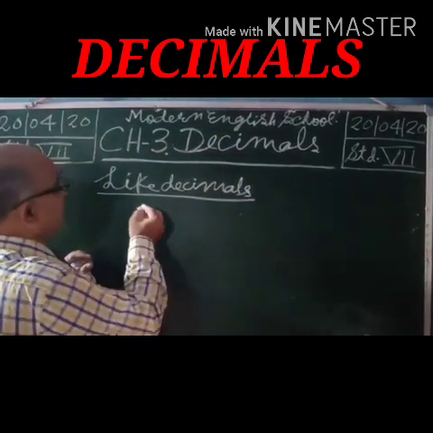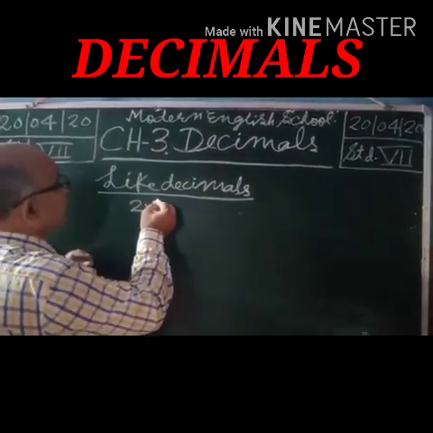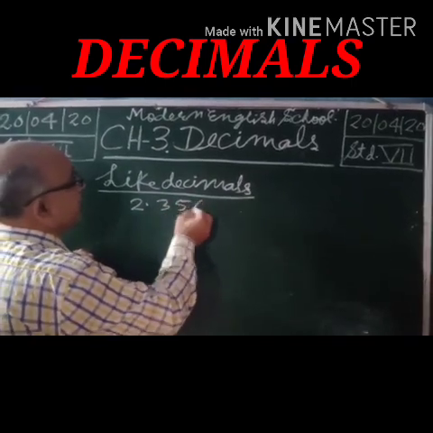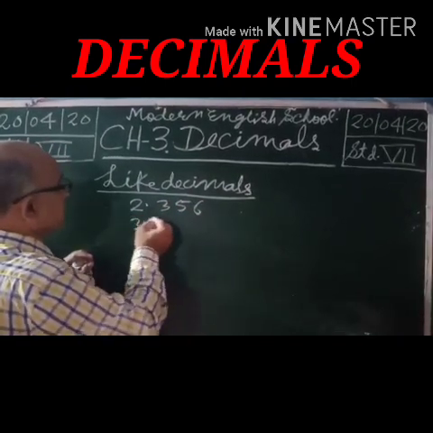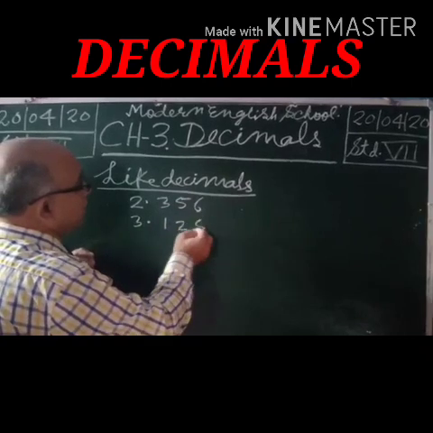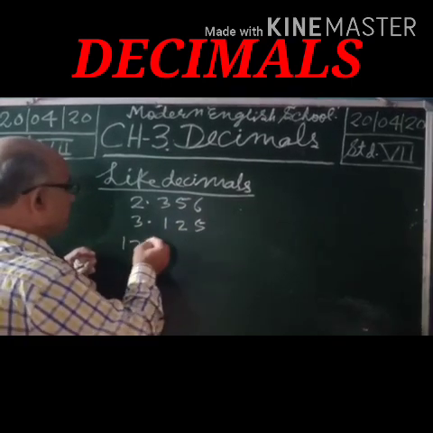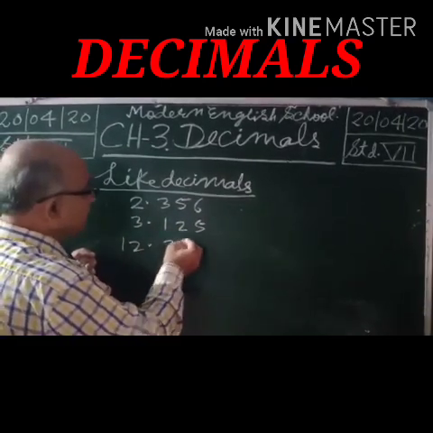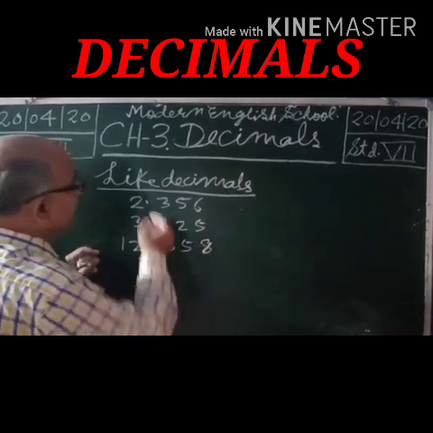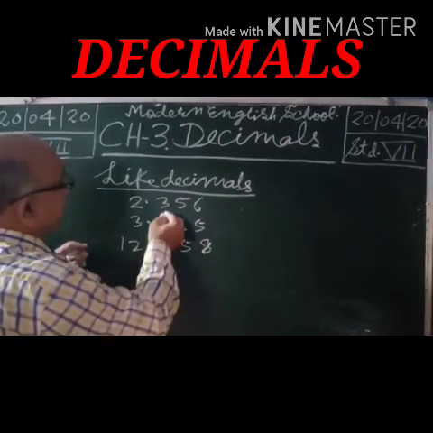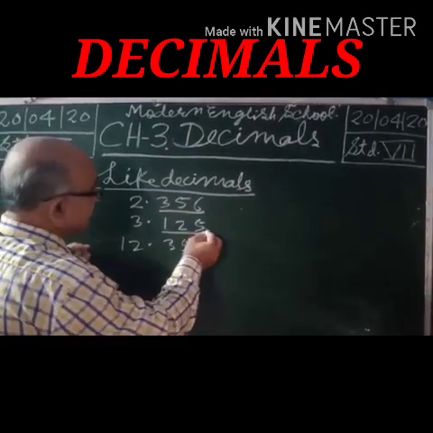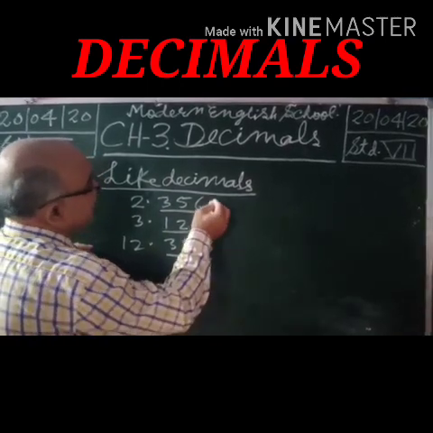As for example, 2.356, 3.125, 12.358. All examples have 3 decimal places, 3 decimal places, 3 decimal places.